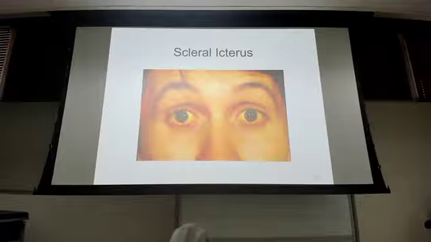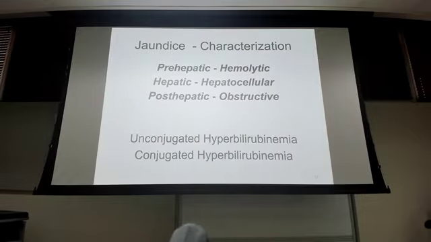And then it's time to start getting some labs, like we just discussed, trying to hunt down the cause of this scleral icterus, jaundice of the eye. So we characterize jaundice just like we were talking about bilirubin earlier: prehepatic jaundice, so that's usually coming from some type of hemolysis, hemolytic.